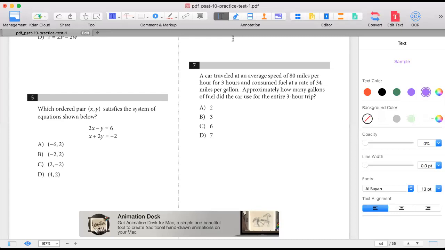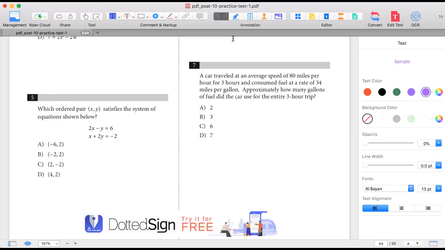Question number 7. A car traveled at an average speed of 80 miles per hour for 3 hours and consumed fuel at a rate of 34 miles per gallon. Approximately how many gallons of fuel did the car use for the entire 3-hour trip?